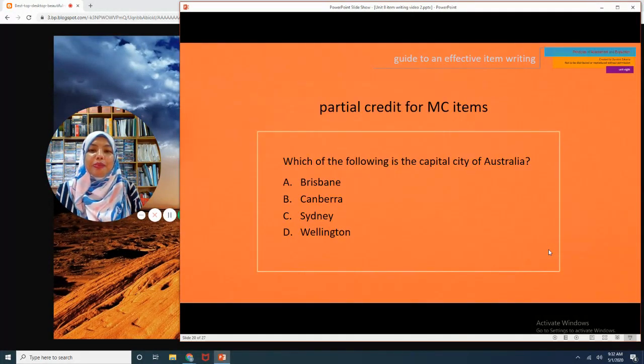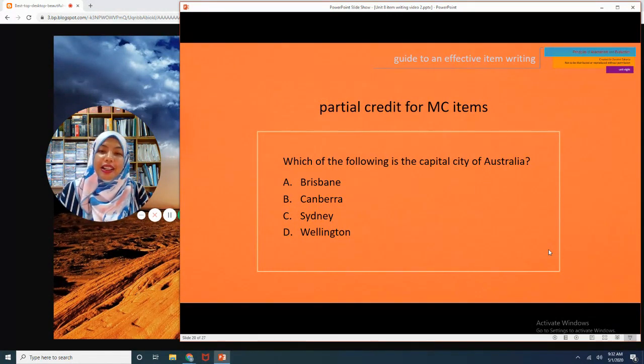Let's look at this item. Which of the following is the capital city of Australia? So we have four options there. We have Brisbane, Canberra, Sydney, and Wellington. So which one is the key? Can you let me know? Is it C, Sydney? No, the answer is B, Canberra.